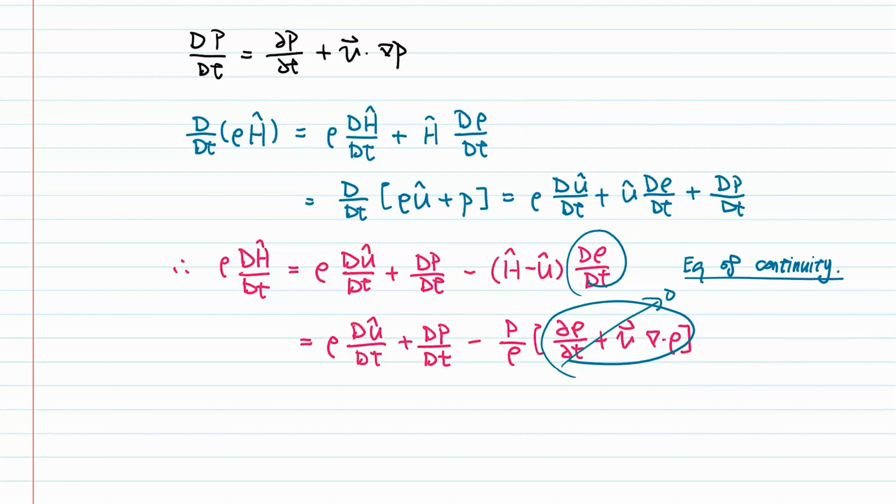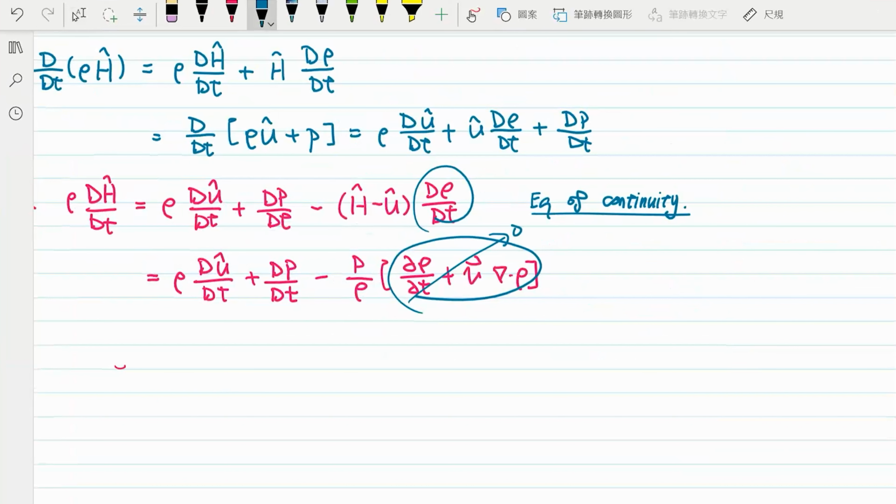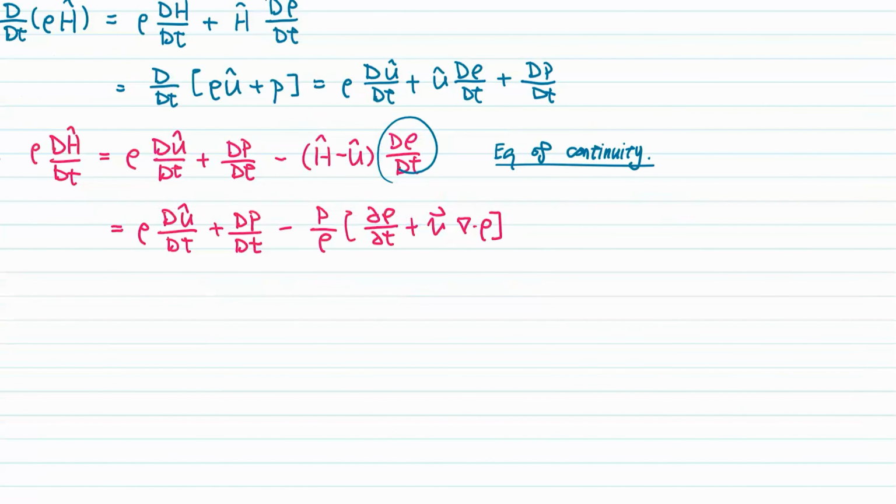Okay, so if we keep on deriving this, I made a small mistake again, so we need to be very careful here. Let's rewrite this. Up to this point we're all correct, but if you look at the equation of continuity, it states partial rho partial t plus gradient of (rho v) equals 0.